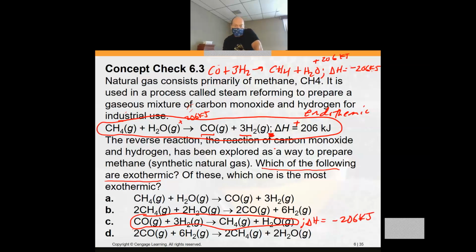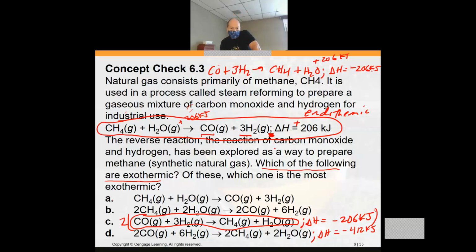Note the next one down, D. What we did was we took part C and multiplied it by 2. Whatever you do to the reaction, you also have to do to delta H. So we multiplied this reaction by 2 from C down to D, which means you have to multiply the delta H by 2, and so that is negative 412 kilojoules. It is still exothermic.